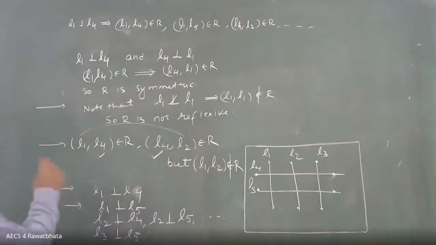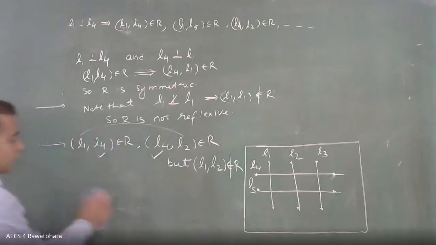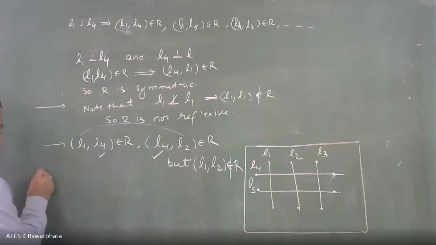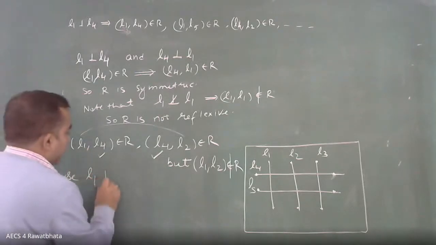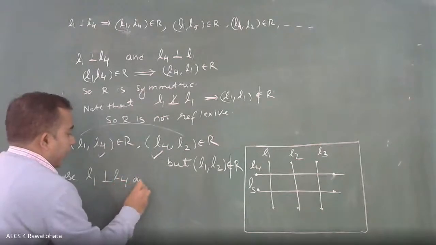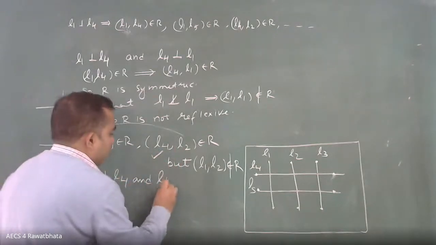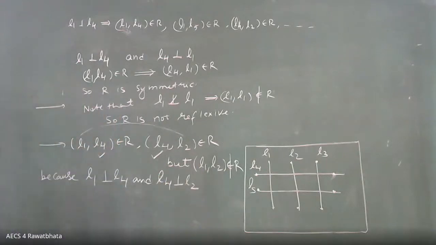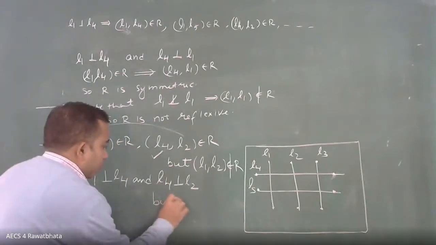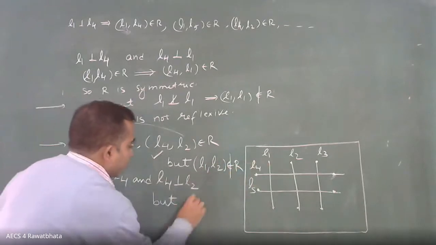इसको ऐसे हवा में नहीं, इसको पूरी बात भी इसको प्रूफ करिए, इसको लिखिए कि भाई क्यों बिलोंग करता है और क्यों नहीं बिलोंग करता है. तो ये बिलोंग क्यों करता है? Because L1 is perpendicular to L4 and L4 is perpendicular to L2. You can check. But what about L1 and L2?